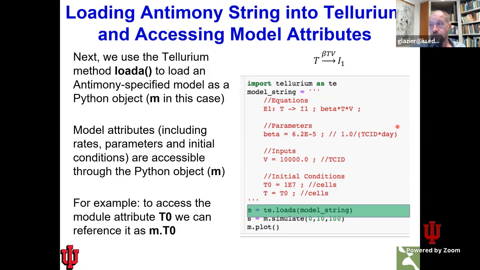TE, Tellurium. loadA stands for load Antimony string. So te.loadA, and then the name of the string, loads and parses the model that we've written in Antimony. And we're going to make that available with a handle M. So M is now a handle to an executable Python version of the model that we've specified.